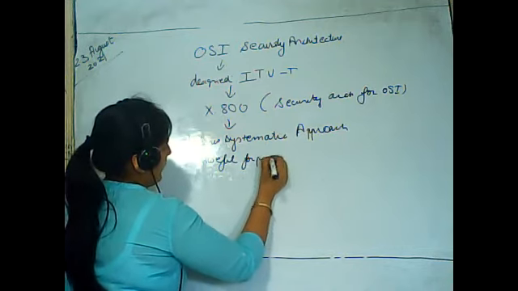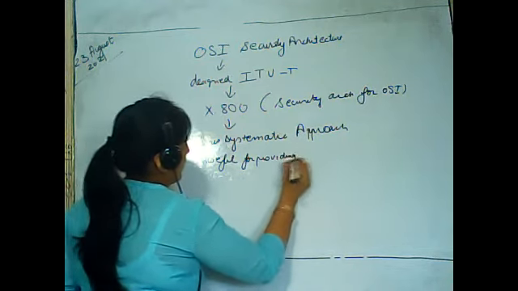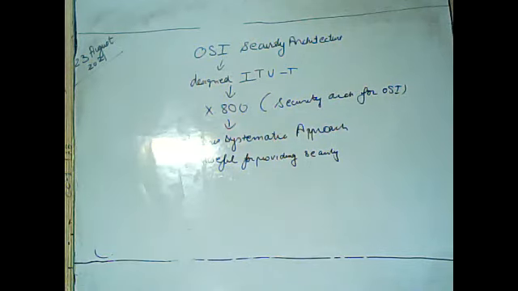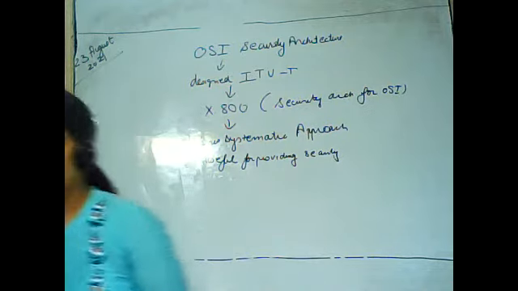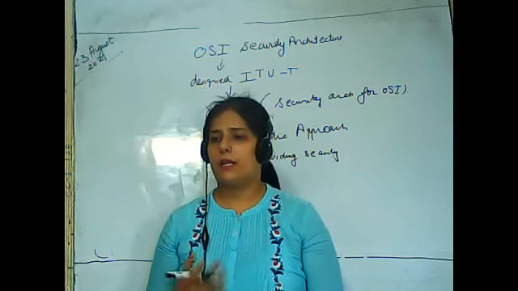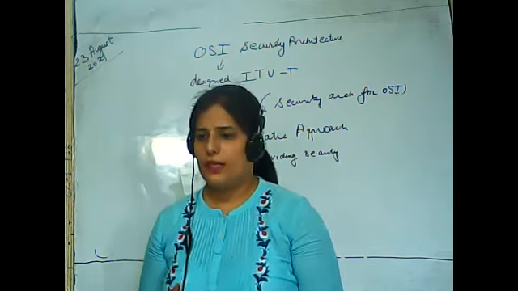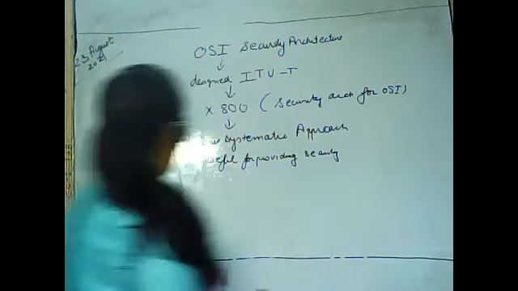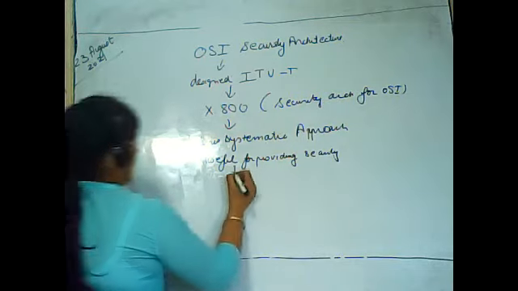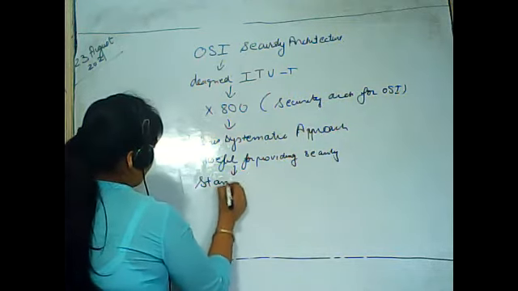Why do we require this OSI security architecture designed by ITU-T? Just to provide a systematic approach to the security part. Now, how can we provide this security? For this, it has developed standards and recommendations.